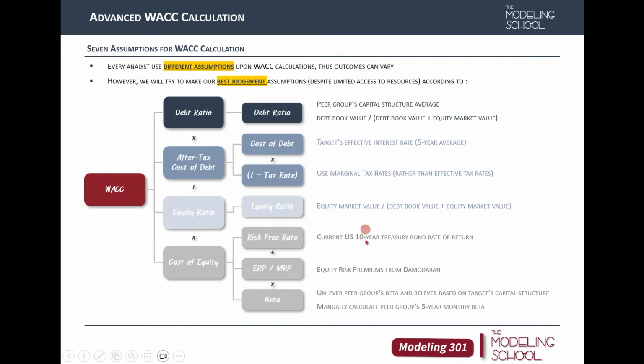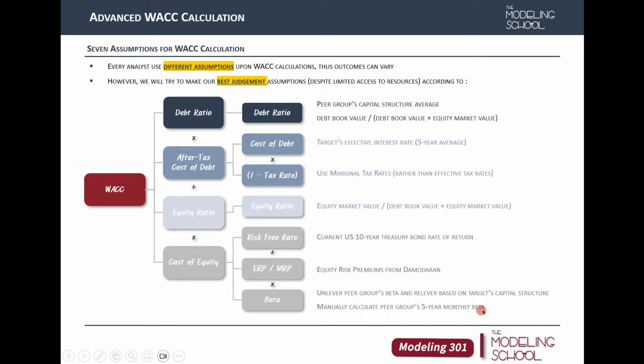We're going to unlever it, exclude the effects of debt to equity ratio, and we're going to re-lever it based on the target's capital structure. The capital structure is Marriott International's target capital structure, which is the average of the peer groups. And the beta itself would also be the average of the peer group's beta.